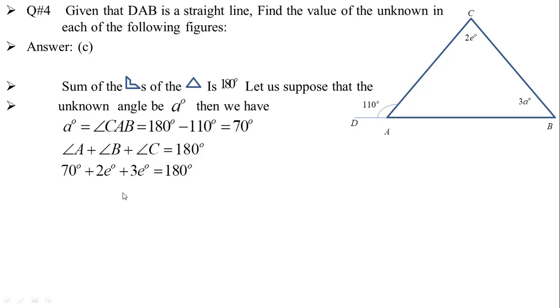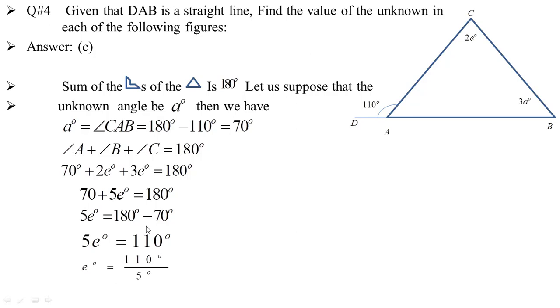So we can write that 70 degrees plus 5E degrees is equal to 180 degrees. Then 5E degrees is equal to 180 minus 70 degrees. That is, 5E degrees is equal to 110. Then E degrees is equal to 110 divided by 5. E degrees is equal to 22 degrees. So the value of the unknown E is equal to 22 degrees.